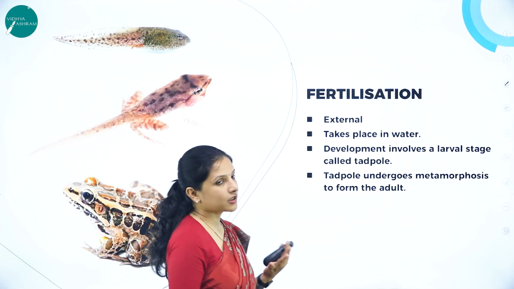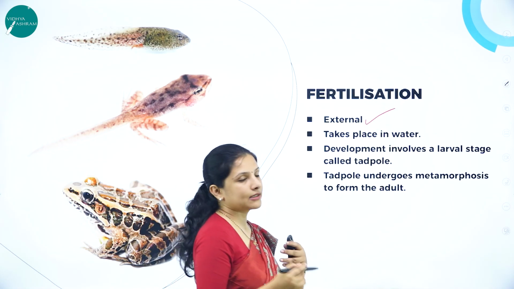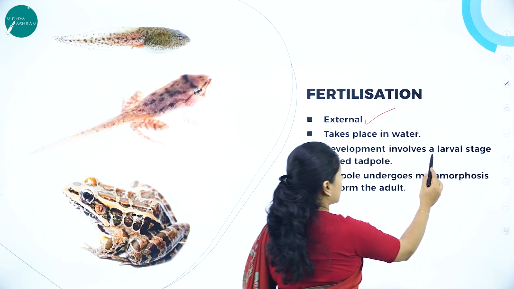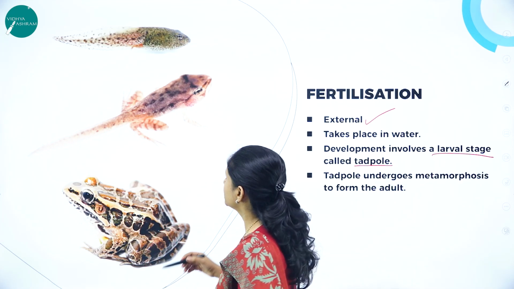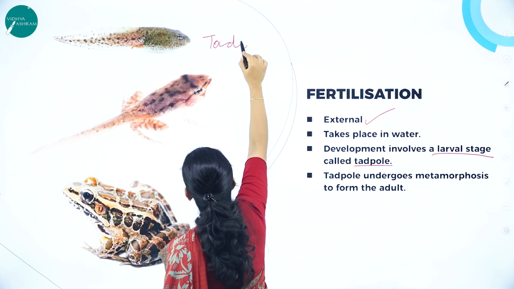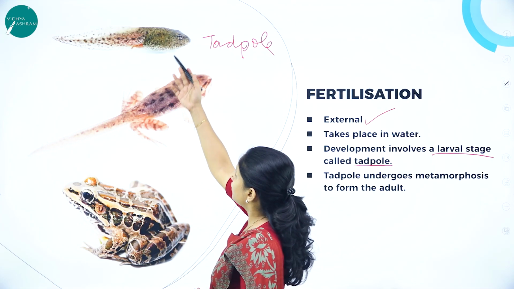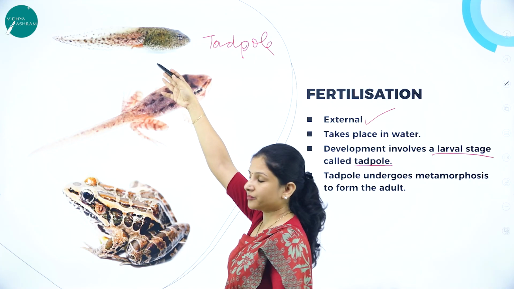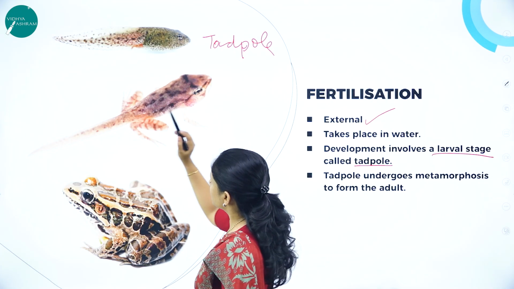So as I told you, fertilization is external and takes place in the water, and in between there is a larval stage which is called the tadpole. Then the tadpole undergoes metamorphosis. Can you see this tadpole, right? It doesn't at all look like the adult frog. No connection at all. It looks almost like a fish. So it develops into a tadpole which has a tail.